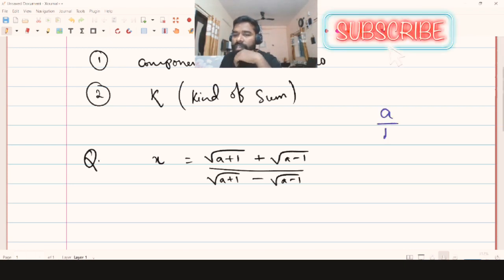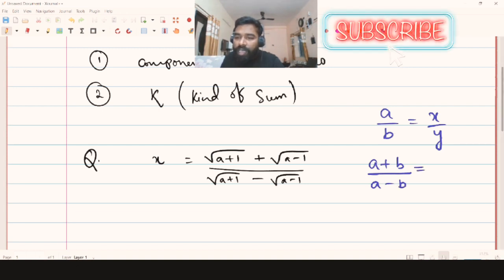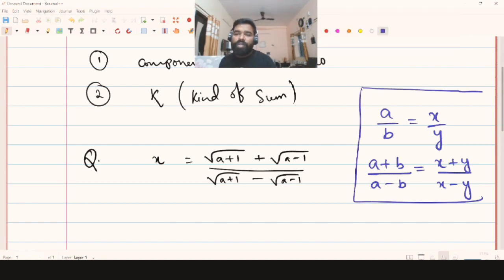If we have a by b is equal to x by y, we add the denominator to the numerator, and again we write a minus b. Here also we write the same, x plus y by x minus y. So this is what componendo and dividendo is.